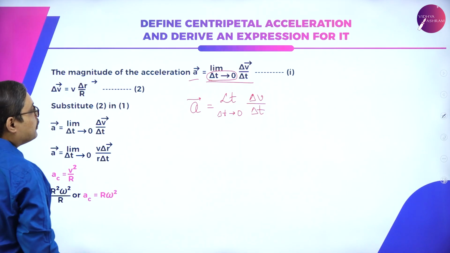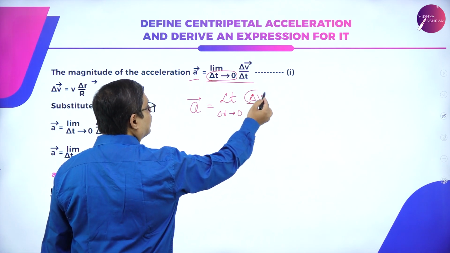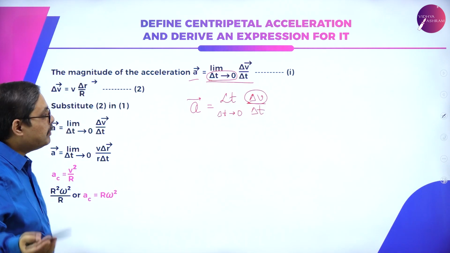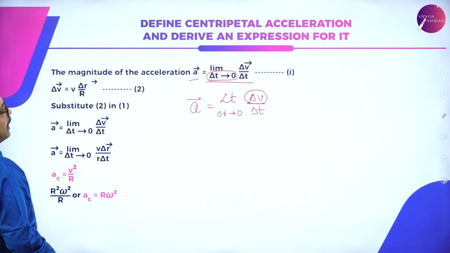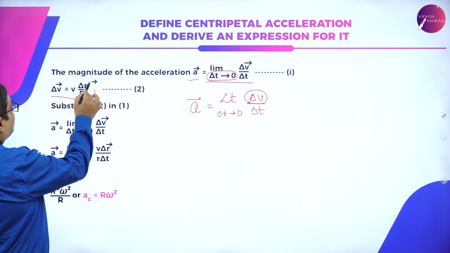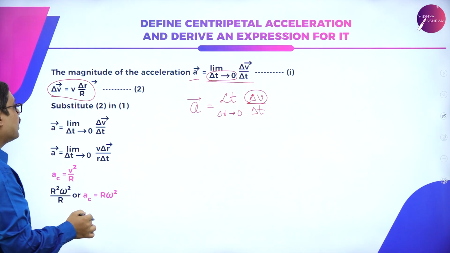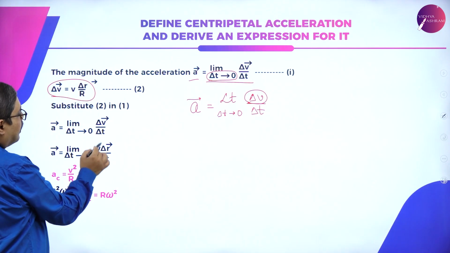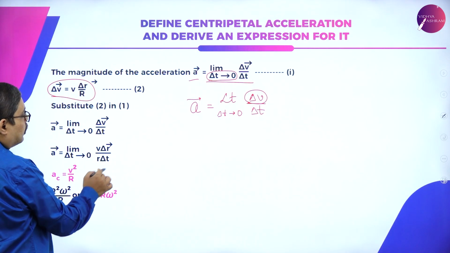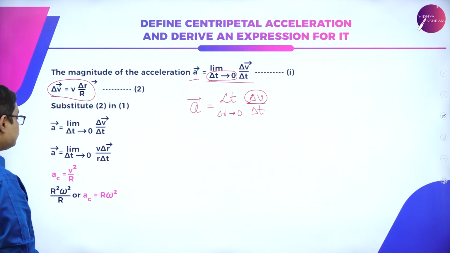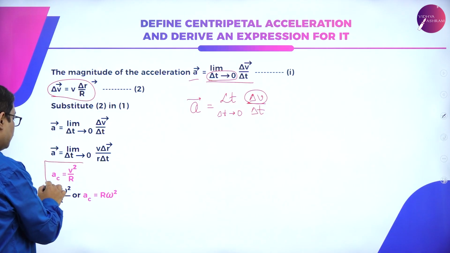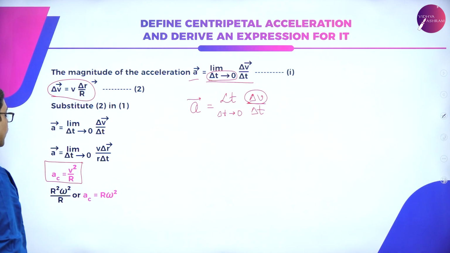I substitute for delta V from the previous equation, delta V equals V into delta R by R, so I get V into delta R by R into delta T. If I take the magnitude, I will get AC is equal to V squared by R.